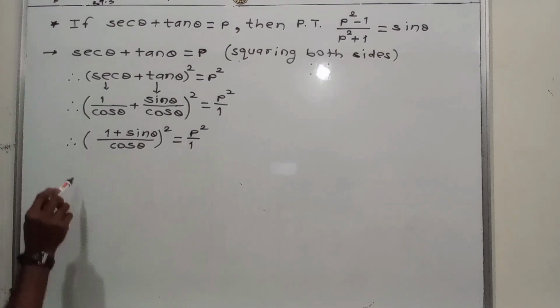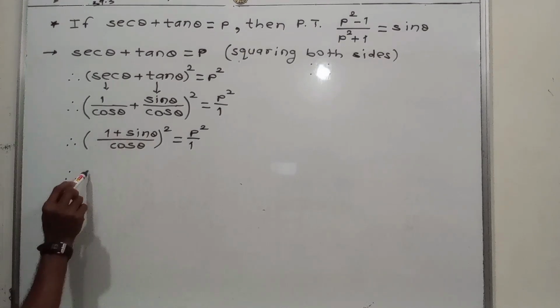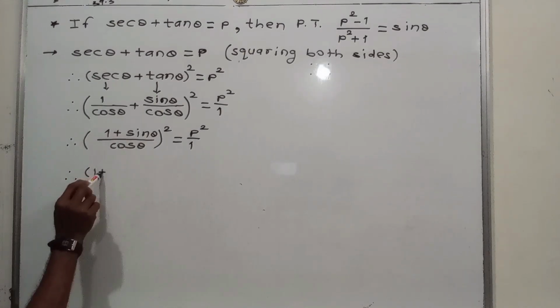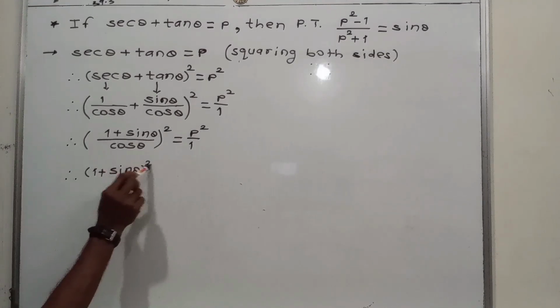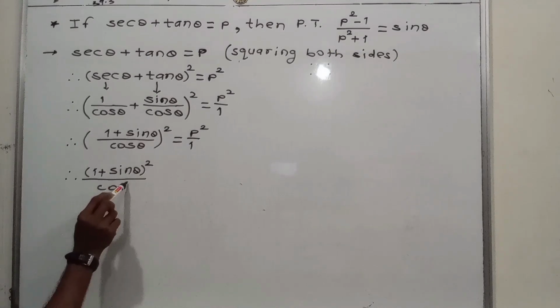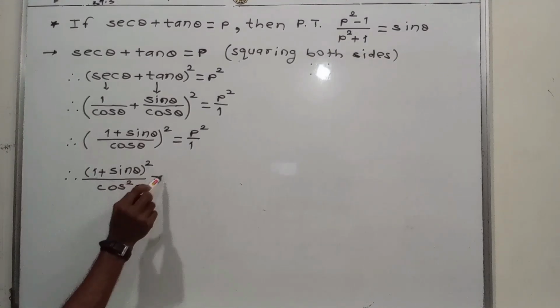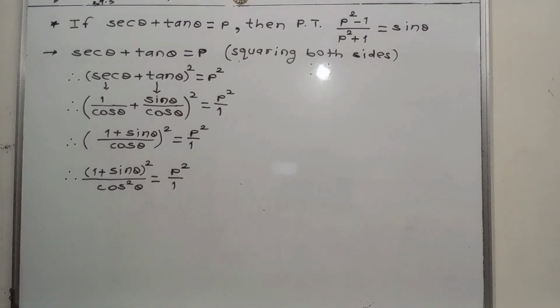Did you get it? Now we give separate square to numerator and denominator. 1 plus sin theta bracket square upon cos square theta is equal to p square upon 1.